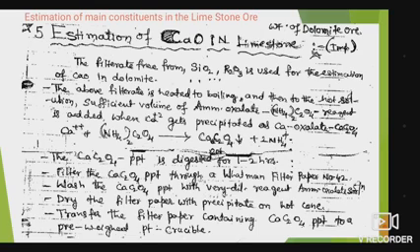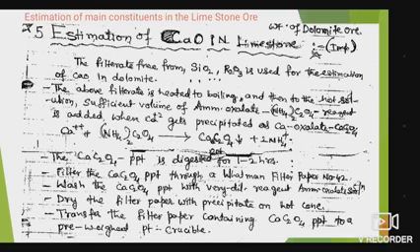The calcium oxalate precipitate is digested for 1 to 2 hours. Filter the calcium oxalate precipitate through a Whatman filter paper number 42. Wash the calcium oxalate precipitate with a very dilute ammonium oxalate solution. Dry the filter paper with the precipitate on a hot cone.